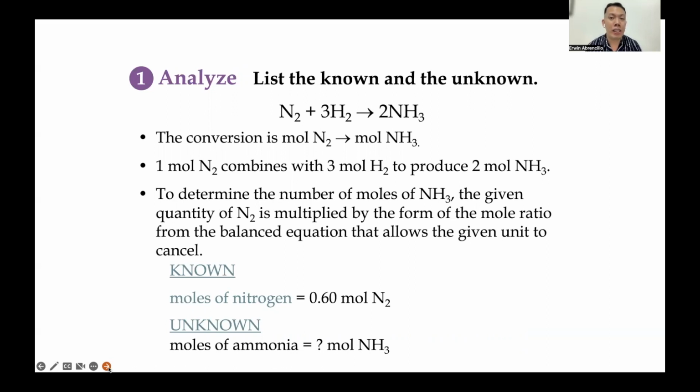That's the only time that you can get the ratio. If you fail to write a balanced equation, then everything will become a mistake, or you can commit errors in solving your problem. So for the known, we have 0.60 mole of N2 based on the given, and the unknown is the moles of ammonia.